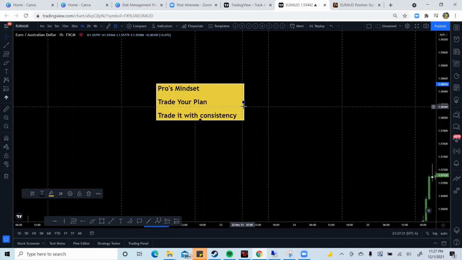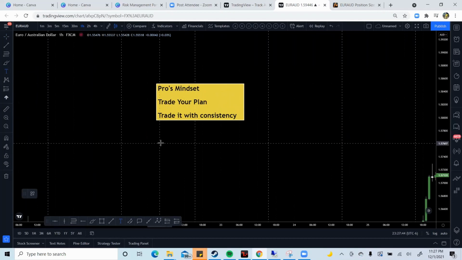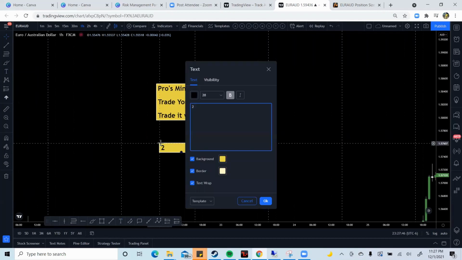They know what their risk is. They know what size they're putting into their charts, and they're following their risk management plan. They understand if you have a 2-to-1 reward to risk, you think about this, right? 2-to-1 reward to risk. You place 5 trades.